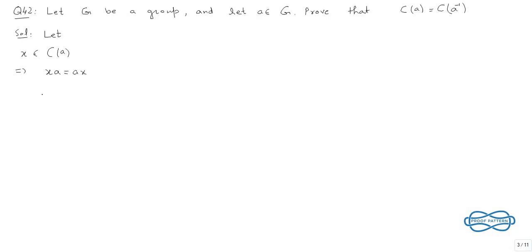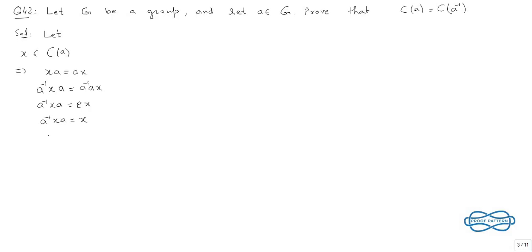We multiply both sides by a inverse: a inverse xa is equal to a inverse ax. Because a inverse and a multiply to give the identity, a inverse xa is equal to identity times x, and that will be a inverse xa is equal to x.